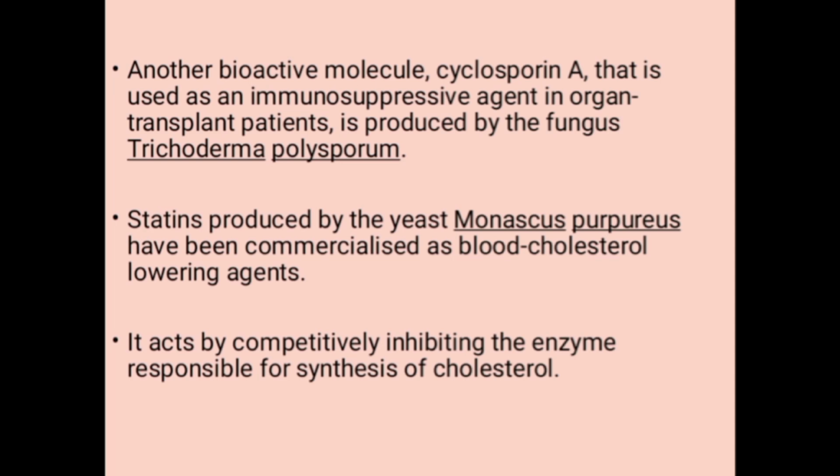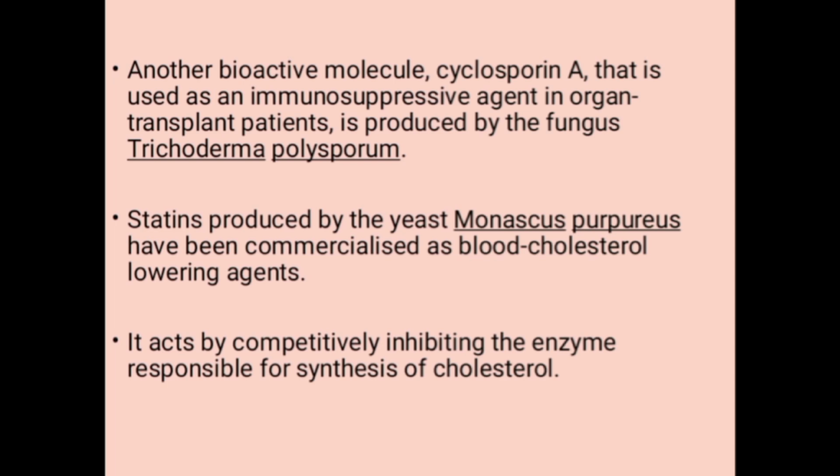Another molecule, cyclosporin A, which is produced by the fungus Trichoderma polysporum, is used as an immunosuppressive agent in organ transplant patients. Immunosuppressive agents suppress the immune system, that means they inhibit it.